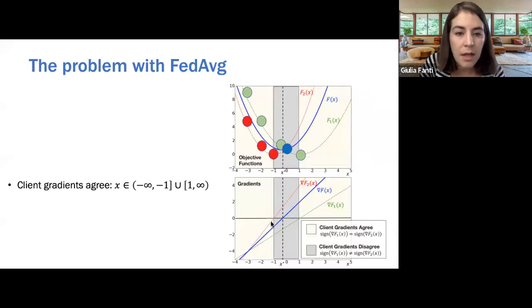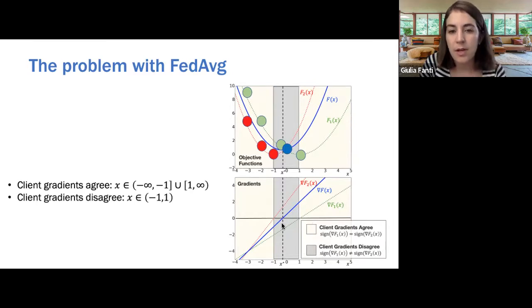What does that mean? If we look at the sign here, both the gradient of F2 and F1 are negative. And over here on the right side, the gradients are both positive. However, in this gray region in the middle, the client gradients actually disagree. One of them has a positive sign and the other has a negative sign.